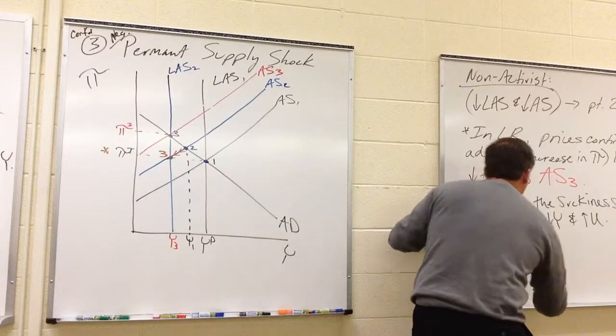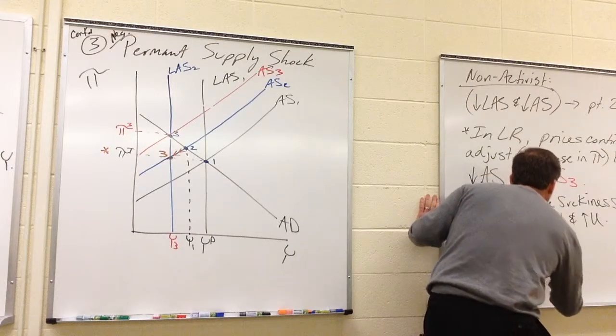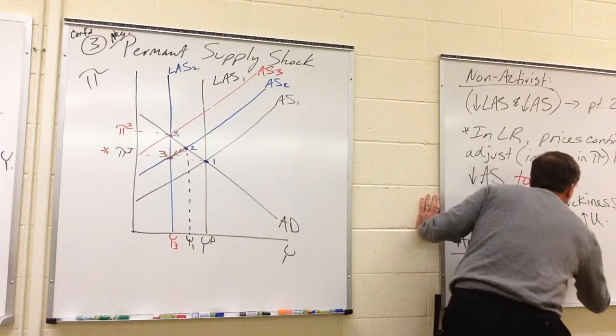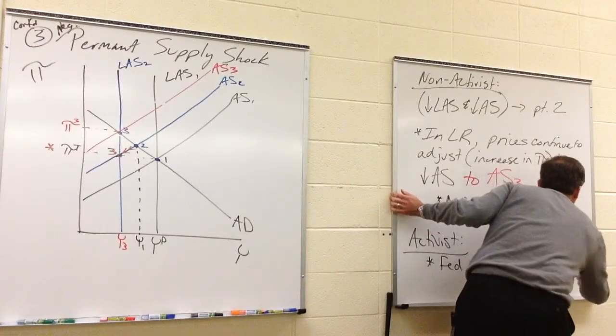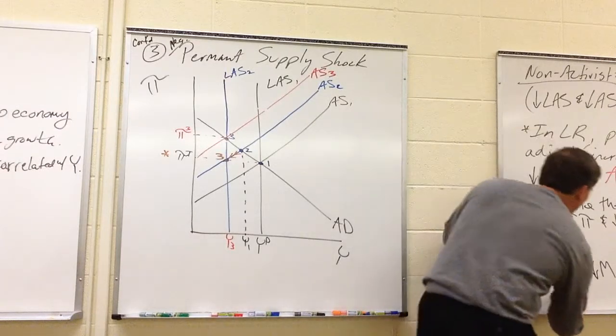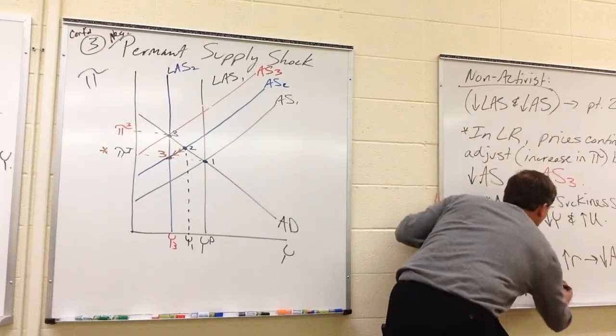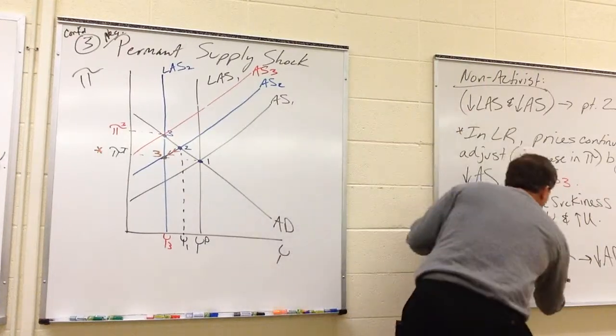Fed, let's see, we want to decrease money supply to jack up interest rates and decrease aggregate demand, which moves the economy to point 3, orange 3. Let's see, how about if we do 3 prime?